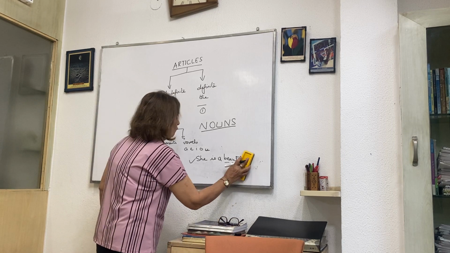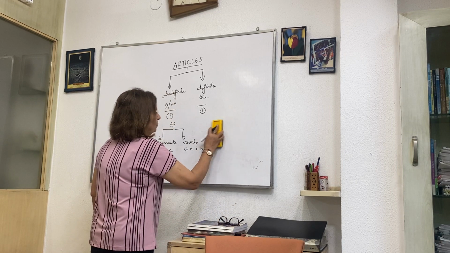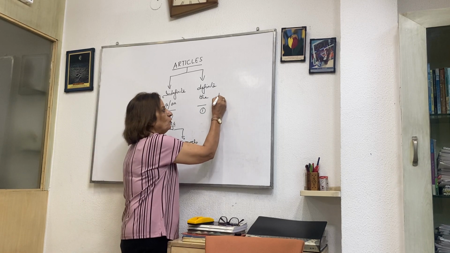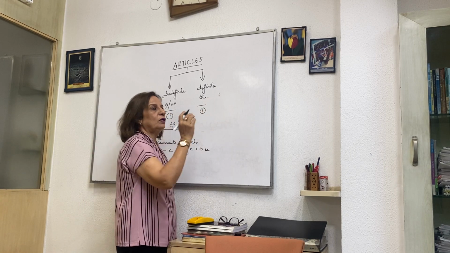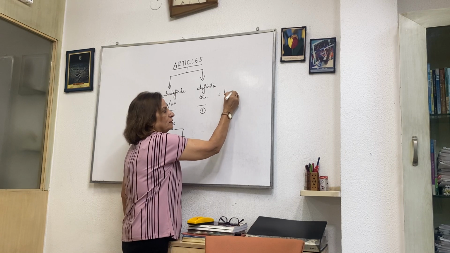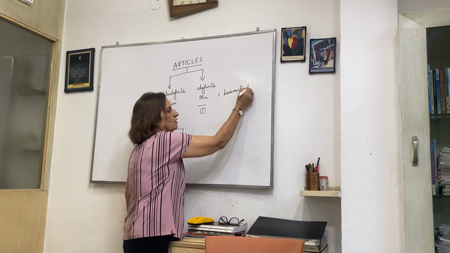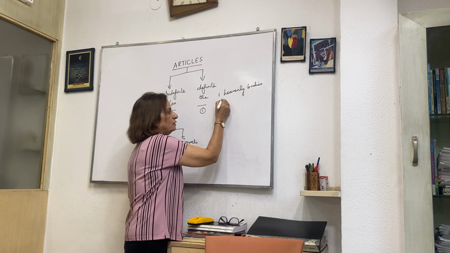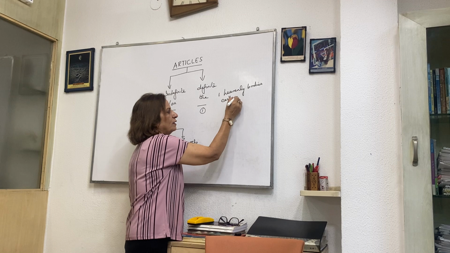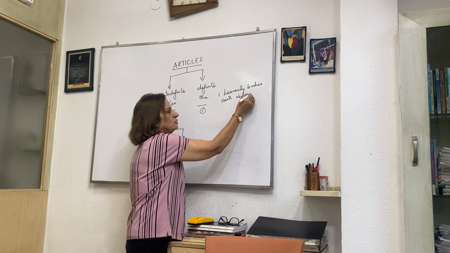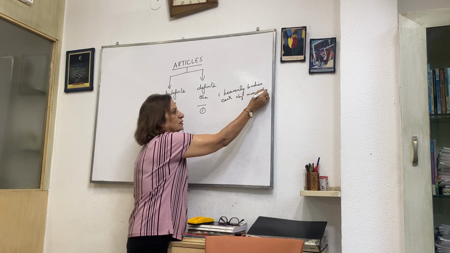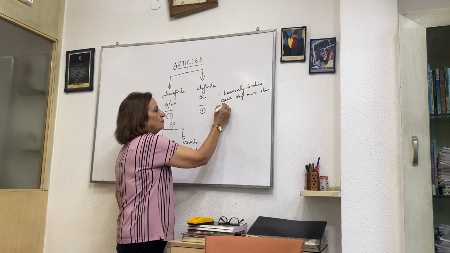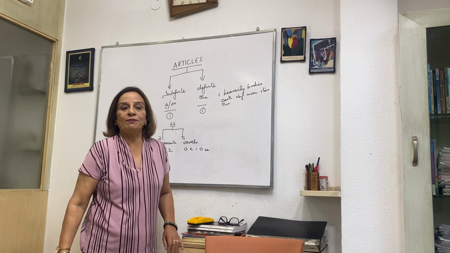Now there are rules to follow when we use the. First rule: all heavenly bodies, we use the. Now which are the heavenly bodies? Earth, sky, moon, stars, comets, whatever you see in the sky, the sun. These all are known as heavenly bodies.